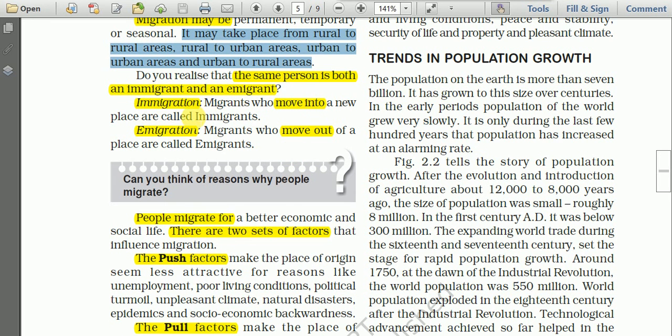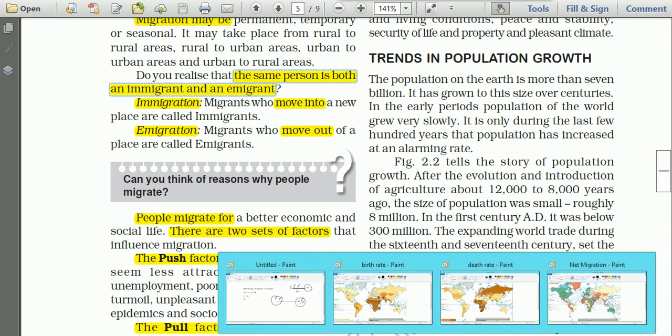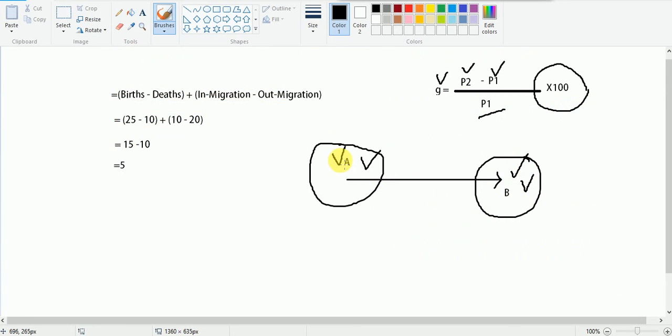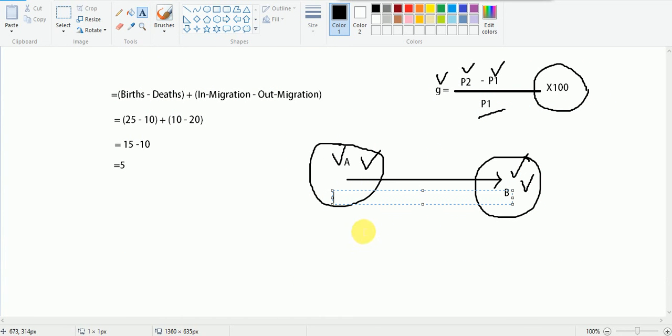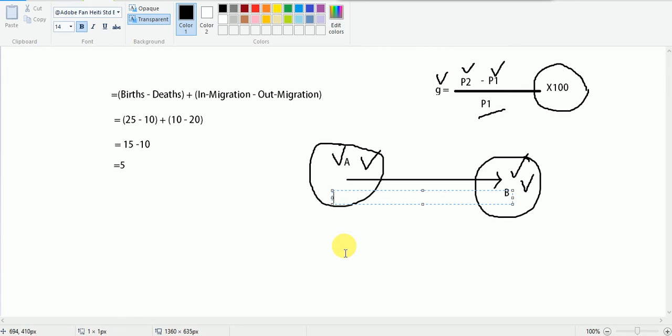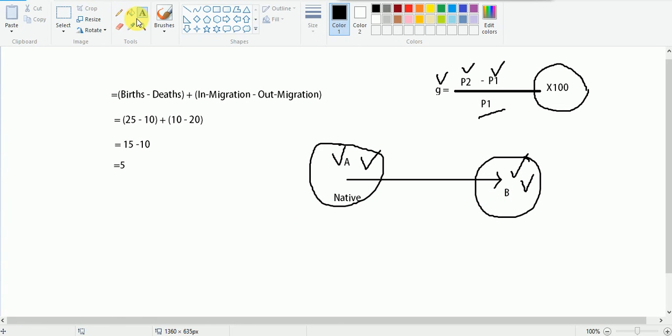Then a question is here: do you realize that the same person is both an emigrant and an immigrant? The same person. As I see in this diagram, for example, in this case country A, let us suppose this is our country, our native land, our motherland.